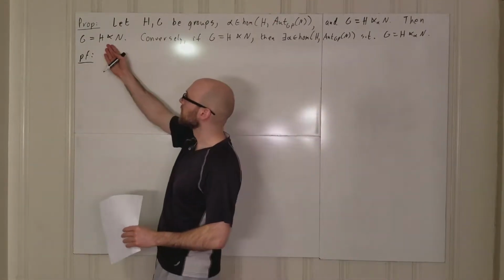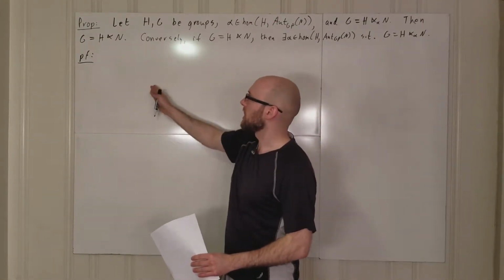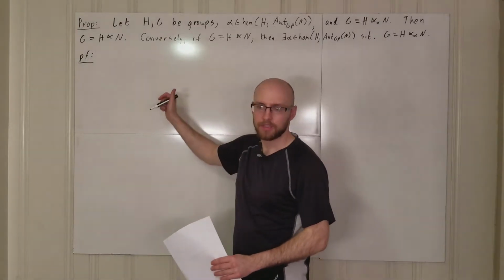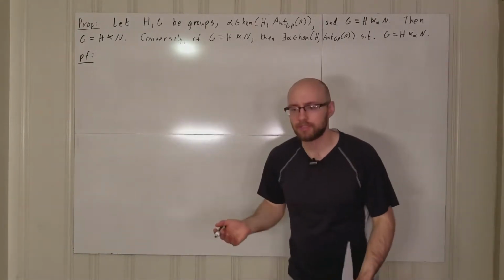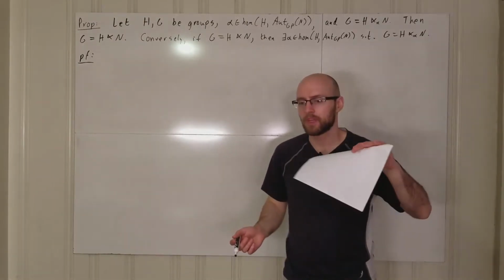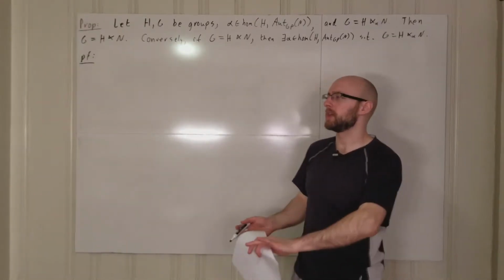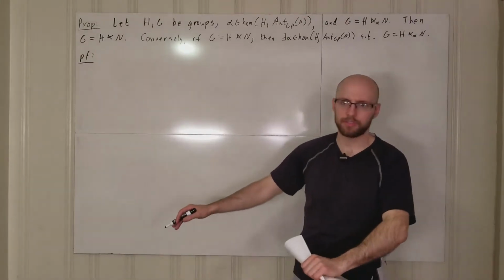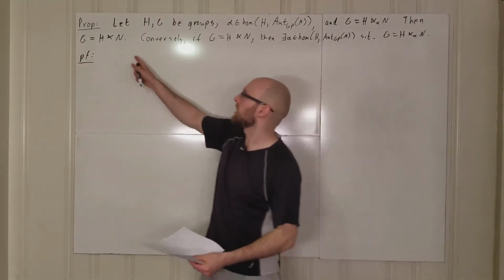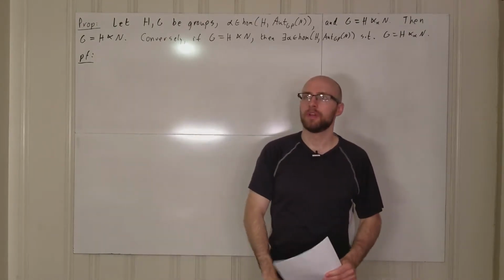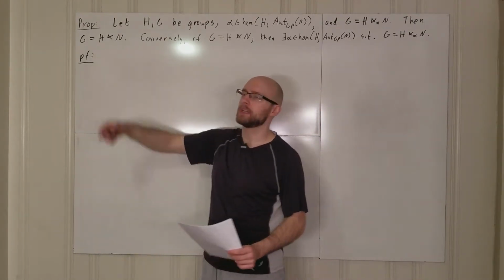Whereas here, the elements look like H times N, so it's just a product of two things, and the product is just H1x1 times H2x2 is just H1x1H2x2. And of course, one of the things about this is that HN is a group.